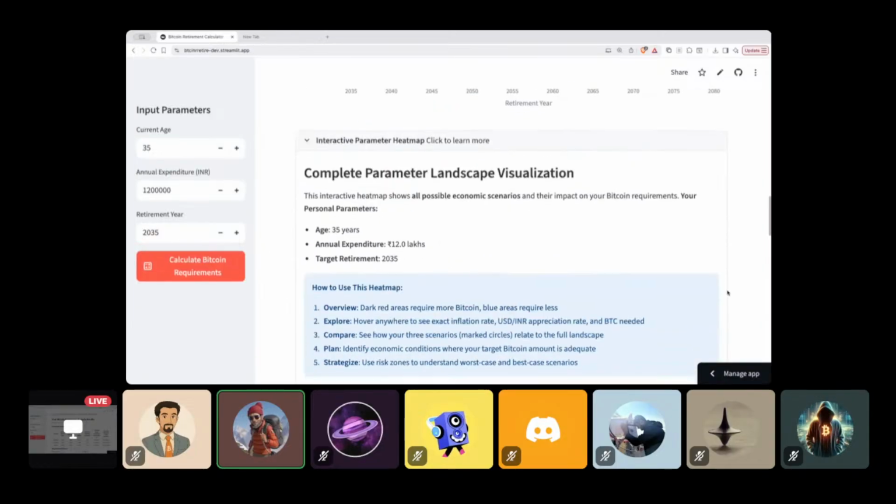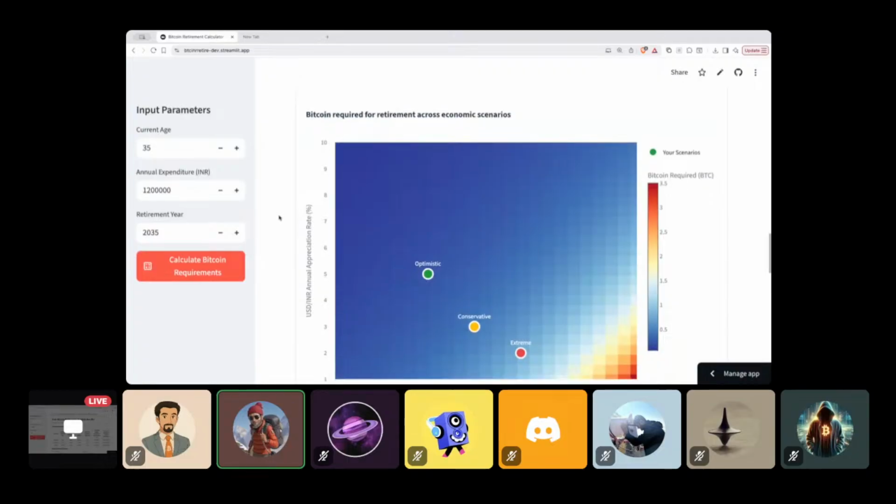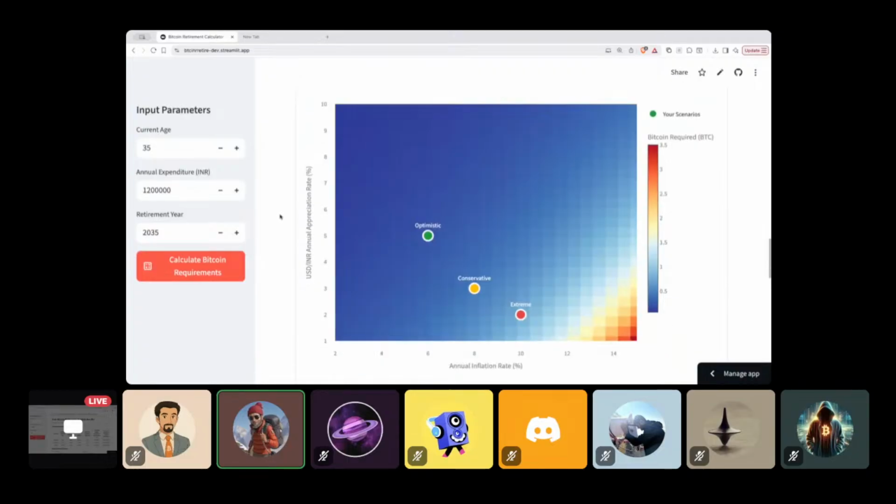For the curious user, I have provided a heat map kind of thing. So these are the three cases that we saw earlier. Here on the x-axis, I have plotted the inflation rate, and on the y-axis I have USD INR depreciation, and this is the BTC required.